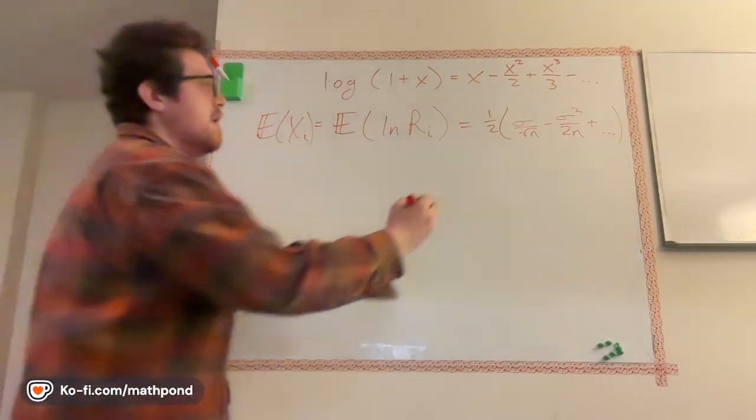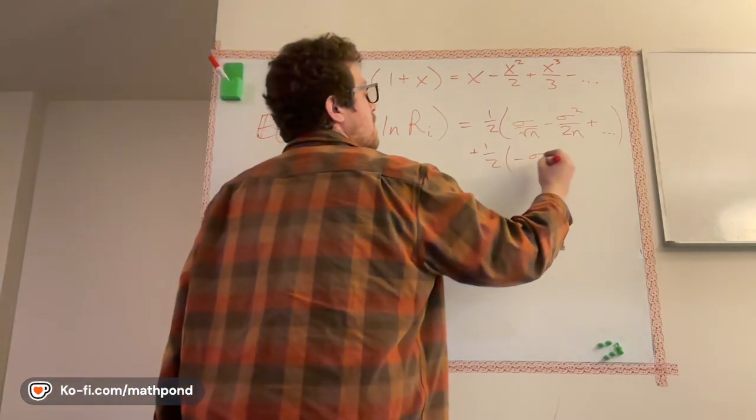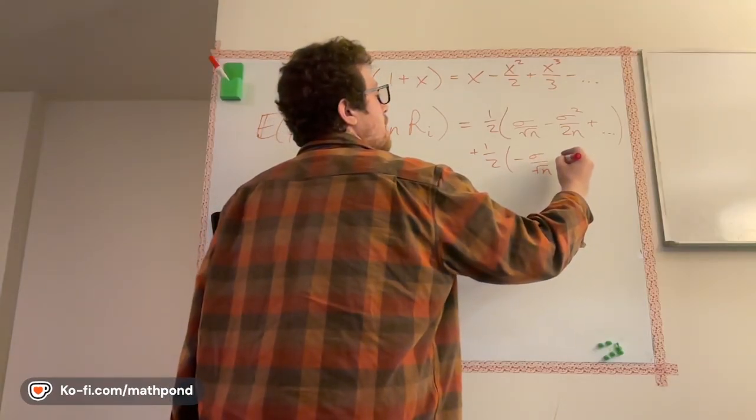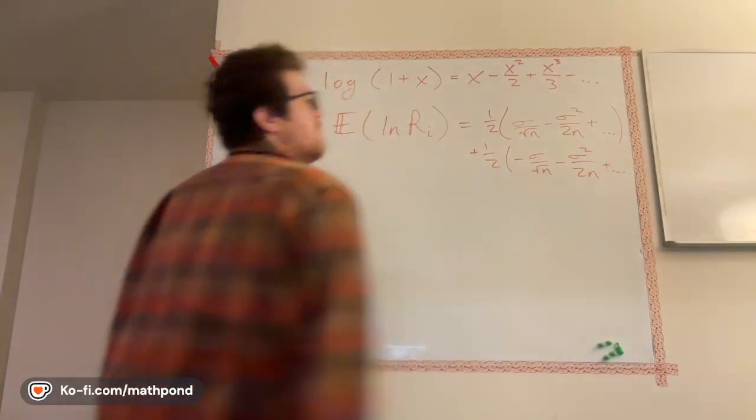Or there's also a 1/2 chance that it could be negative sigma over square root of n minus sigma squared over 2n plus a bunch of other stuff.